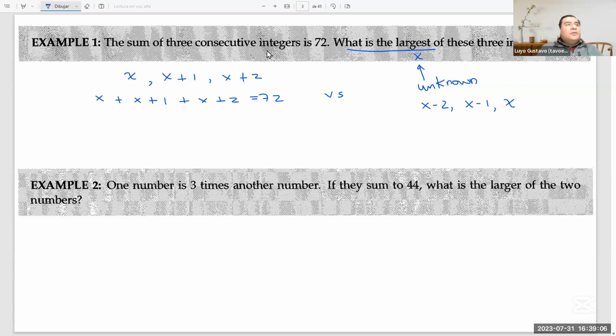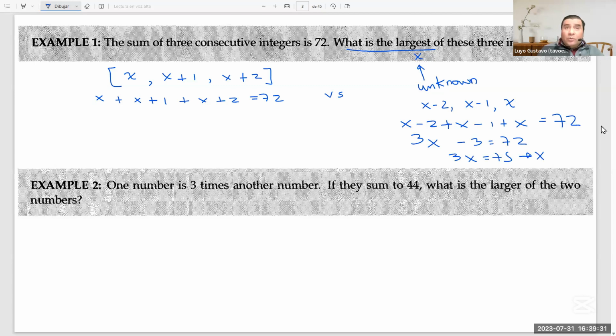On the contrary, if we propose the other one, we're saying that x is the least of the three integers. If we add these three integers, the sum equals 72. Solving for x, 3x minus 3 equals 72, 3x equals 75. And thus x, our unknown, is directly 25.